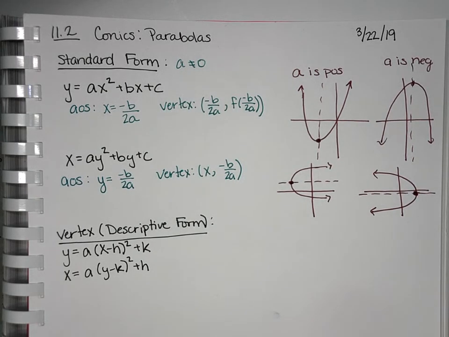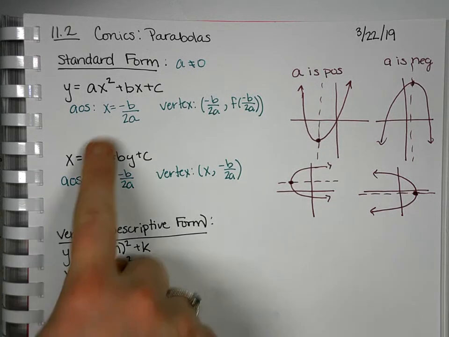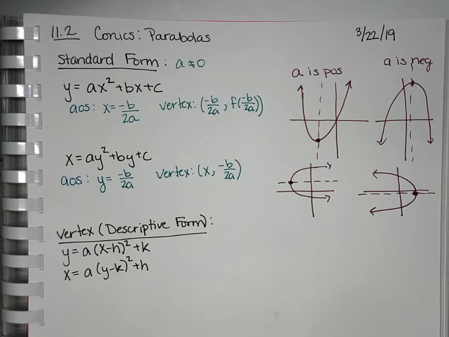And so standard form is just one of the forms we can write a parabola in. We tend to use it not nearly as often as descriptive form, just because we like descriptive form better because it tells us a little bit more information more quickly. But if we need to do it from standard form, we can by using the formula for axis of symmetry to find our vertex, and then plugging it in to find the missing piece.